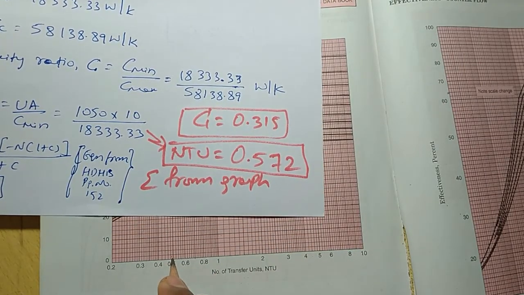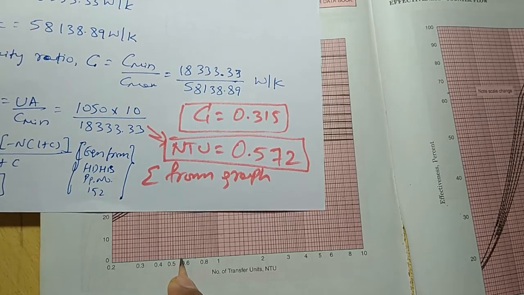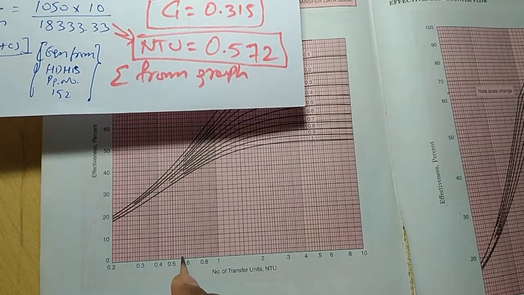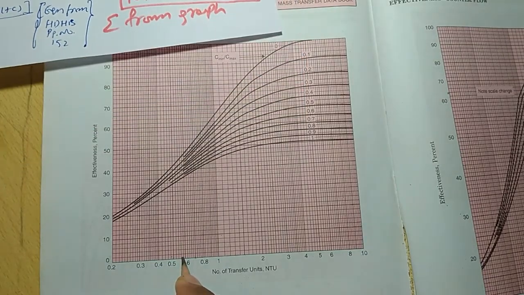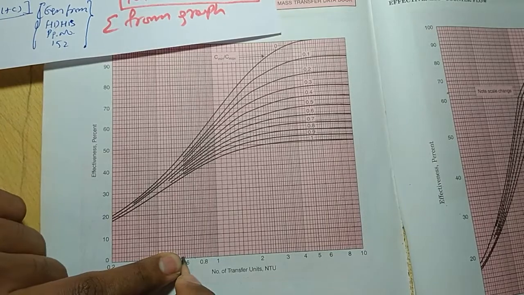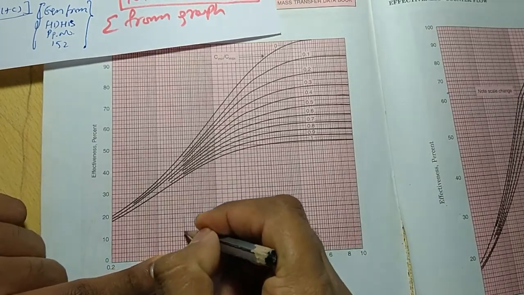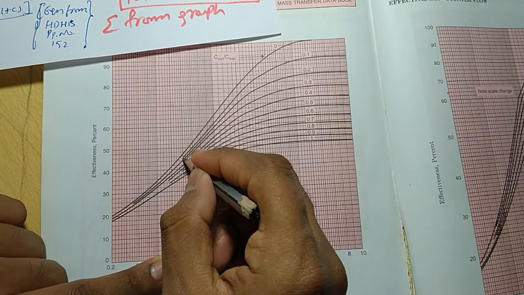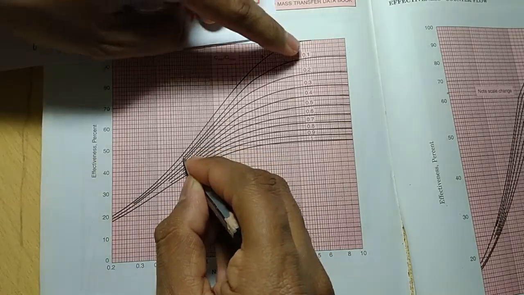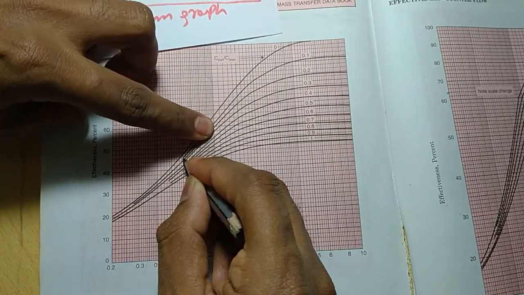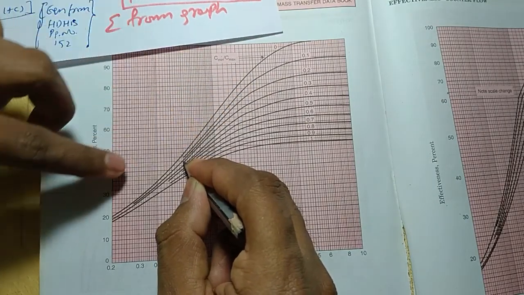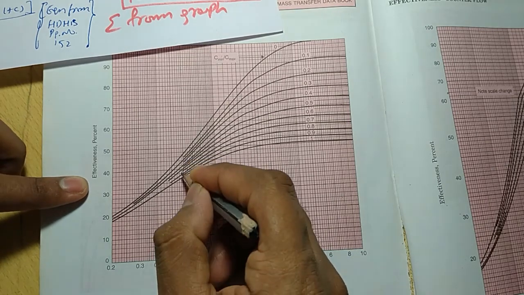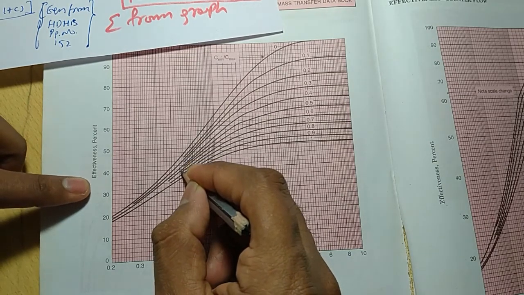0.572, this is the 5. Okay, 72 means approximately comes to here, around here. Now from here to 0.315, somewhere here.